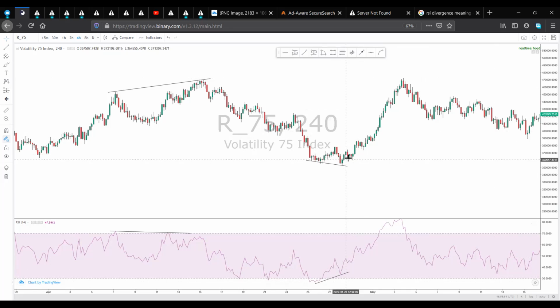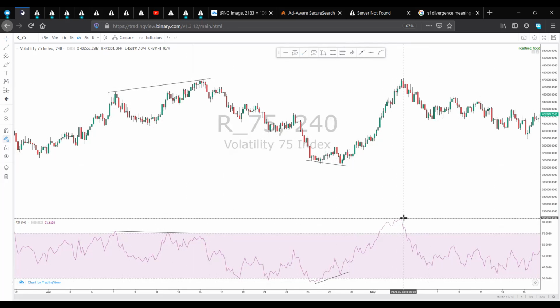Most of the time it happens that way. Maybe I will wait for the market to push, retest, then we'll go. Even here, you can see the market was making higher highs, higher lows, then the market pushed, then retested, then we had a sell. Here, the market pushed, retested, then we had a buy. Okay, that's the difference. This is not a divergence.